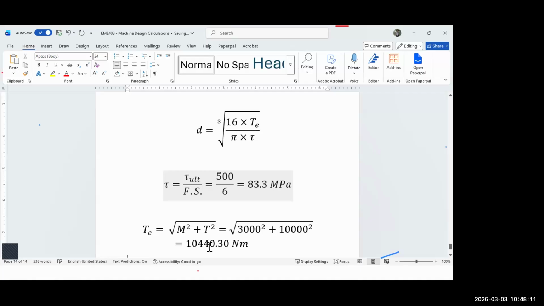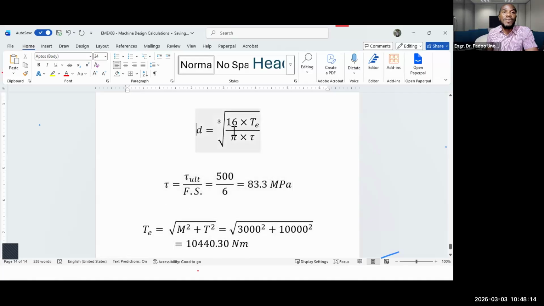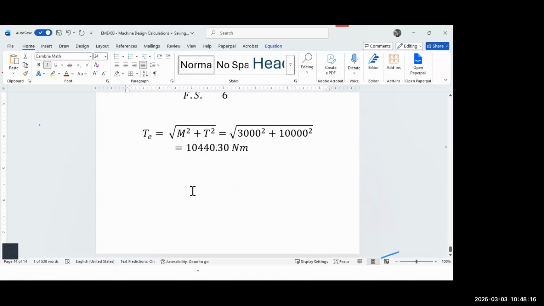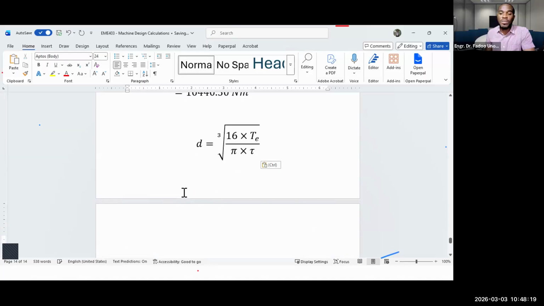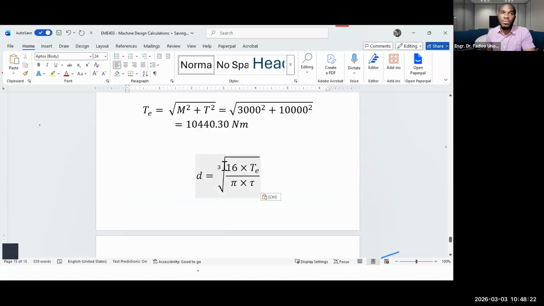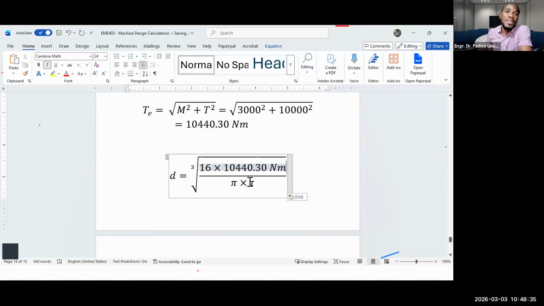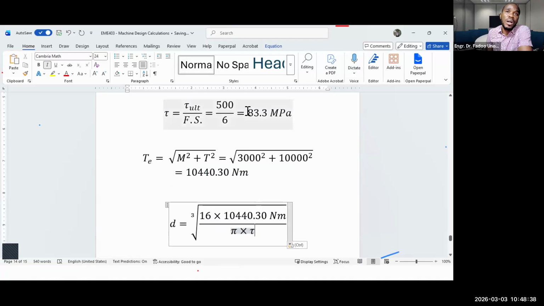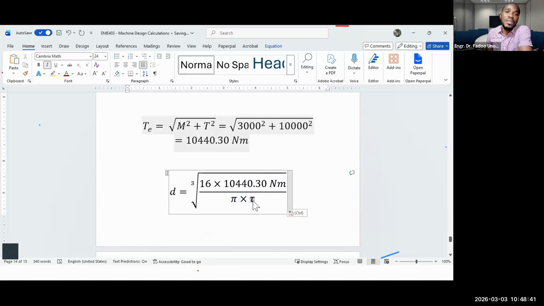Since I know this and this, I can now find my D. D is the cube root of 16 times this, divided by pi, which is 3.142, times 83.3, in Newton per millimeter squared.